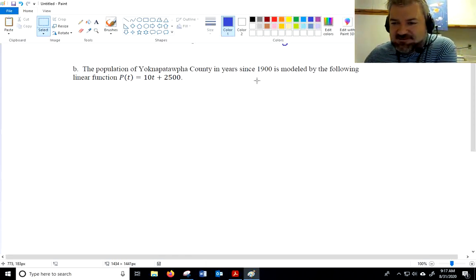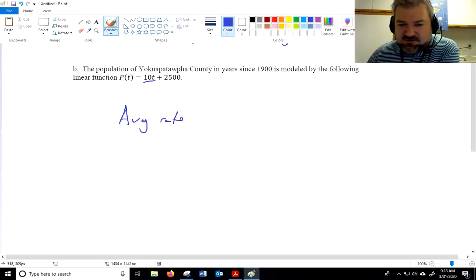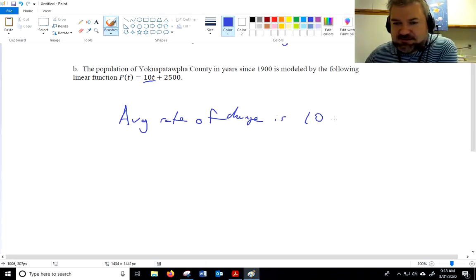Anyway, this linear function has a slope. We can tell because it's in mx plus b form, so the slope is 10. So if the slope is 10, that's got to be the average rate of change. And what are the units? That's what's so important here. The average rate of change is going to be in people, okay?